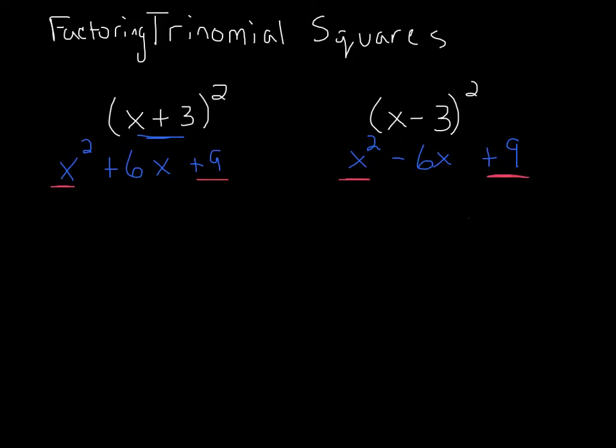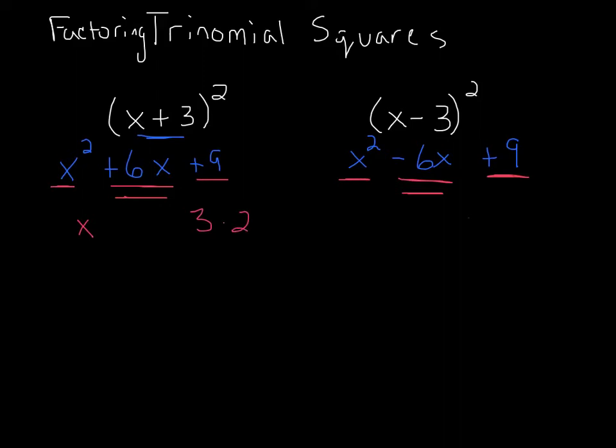Then what you have to look for is the middle term. You take the roots of the two outside ones, so x and 3, and if you multiply those two together and multiply it times 2, you're going to get the middle term.